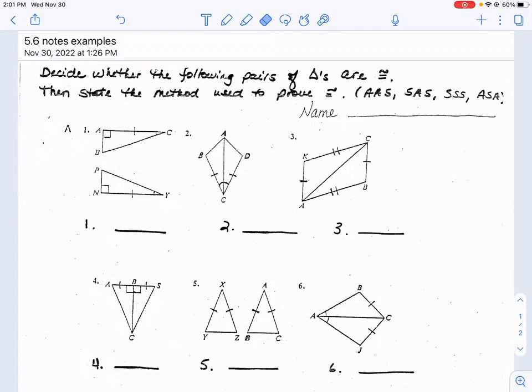Number 9 could be a lot of things. 2 minutes. Yes, it is. SSA is a thing.